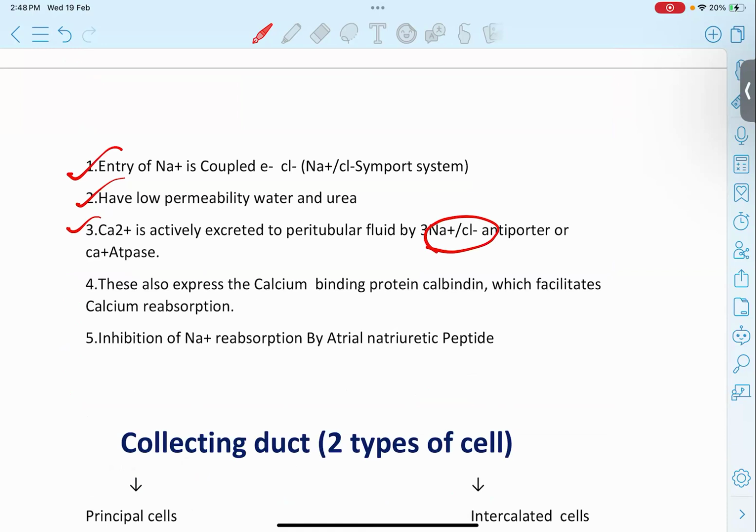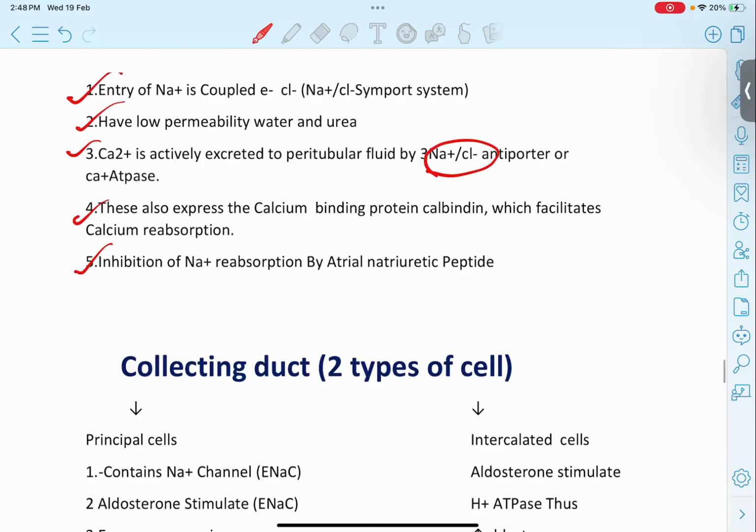And also there is inhibition of sodium reabsorption by atrial natriuretic peptide. I have already mentioned the function of ANP, that ANP does everything to reduce blood pressure and blood volume, and it inhibits sodium reabsorption in the DCT. So it also works here.